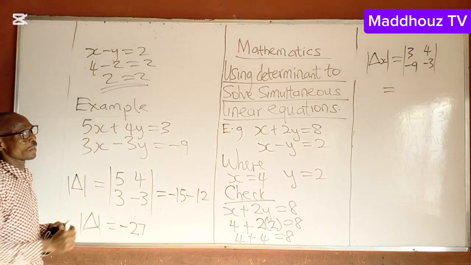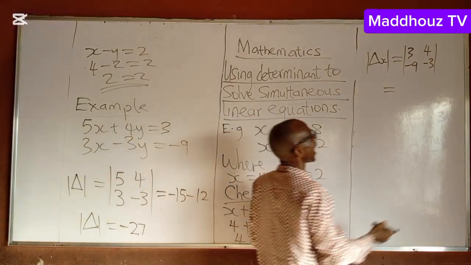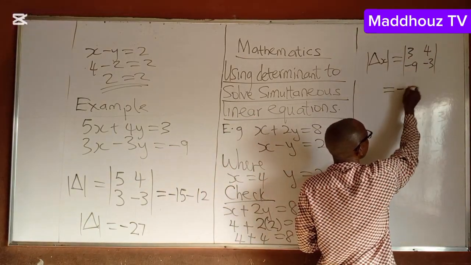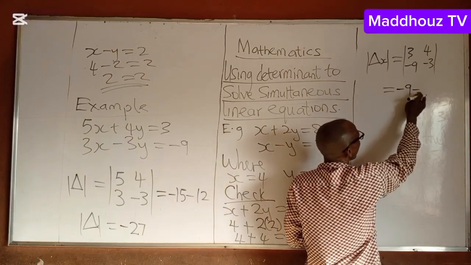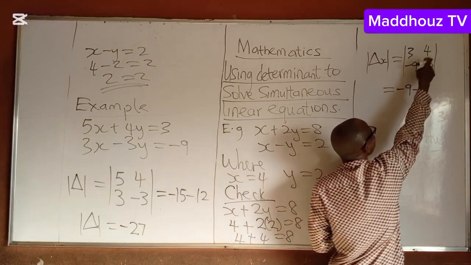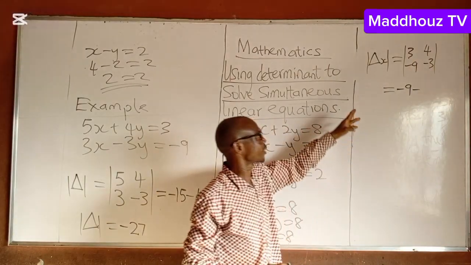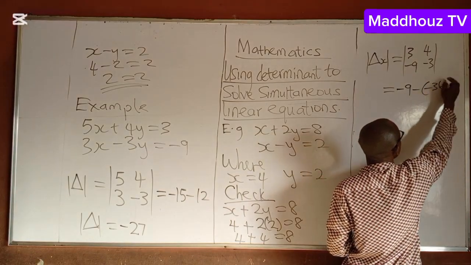So let's find the determinant of x now. In finding the determinant of x, what do we have? 3 times minus 3 will give us minus 9. Minus 9 times 4 will give us minus 36. So this becomes minus 36.